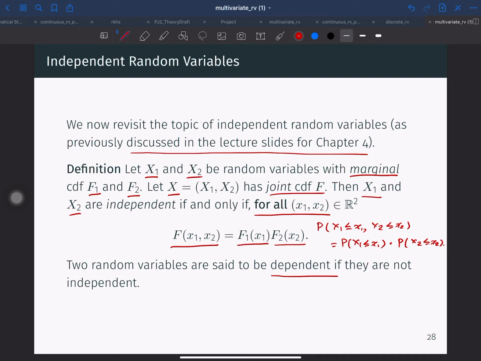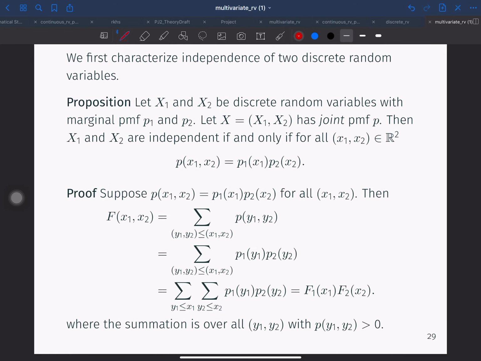So let us first characterize the notion of independence for discrete random variables. The independence of discrete random variables will be characterized in terms of their probability mass function. So we have X1, X2 that are discrete and they have marginal PMFs P1 and P2.